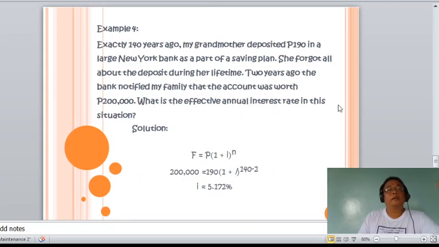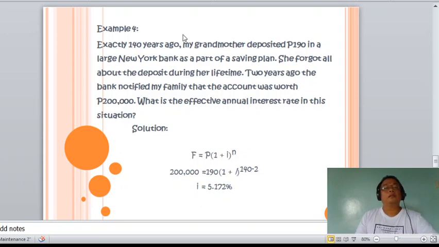So, lastly, sample number 4. Okay, so let us take this sample again. Exactly 140 years ago, my grandmother deposited 190 pesos in a large bank as part of a saving plan.